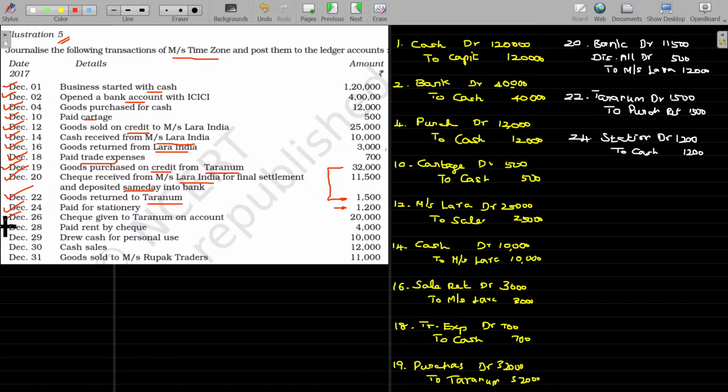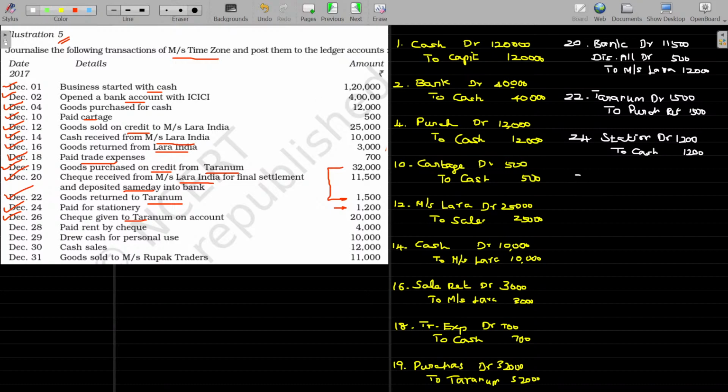December 26, check given to Taranam on account 20,000 rupees. So the entry for that being payment, right?